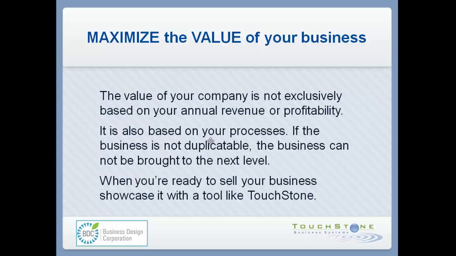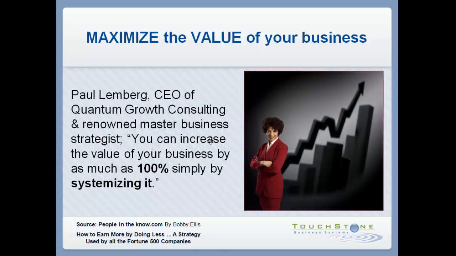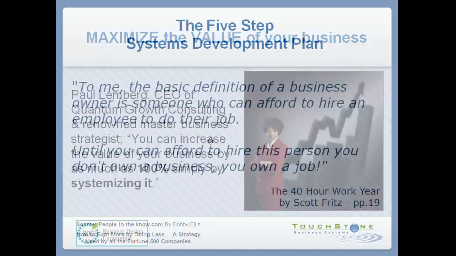If your company's processes are documented, when you're ready to sell, you can show your potential buyers during their due diligence phase how they can then scale your business. Paul Lemberg, the CEO of Quantum Growth Consulting, reports that you can increase the value of your business by as much as 100% simply by systemizing it. Every system that you write for your business is an asset and has value to that business and to anyone who's interested in purchasing it.